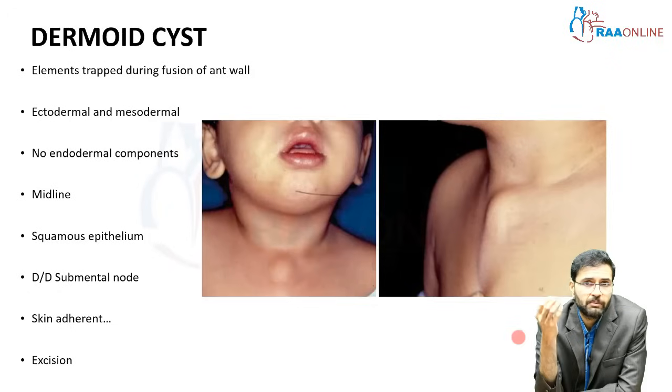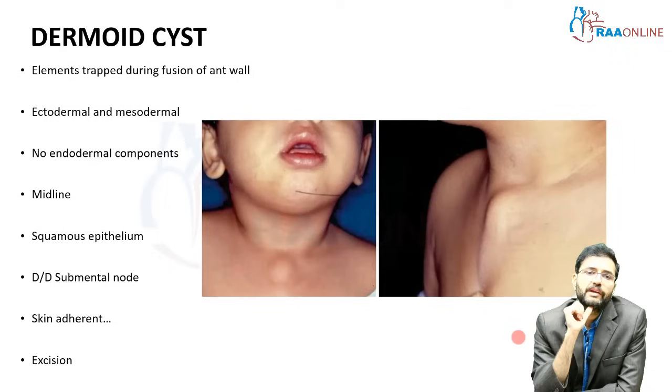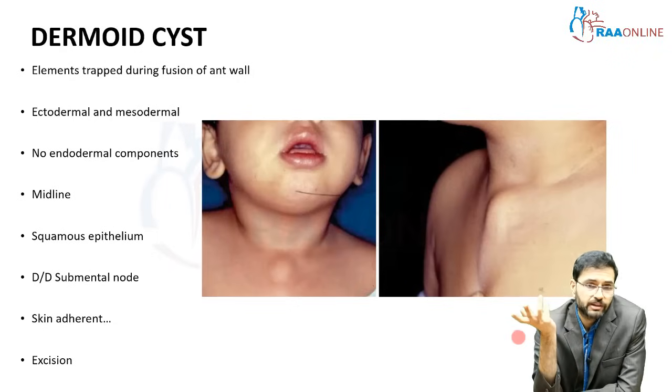Contains squamous epithelium and the material inside is also pultaceous in nature. Most common differential diagnosis is a submental or a midline cervical node in the neck. Submental node, if the dermoid cyst is located in the submental region, obviously. The skin can usually be adherent to it. Excision of it is the treatment of choice.